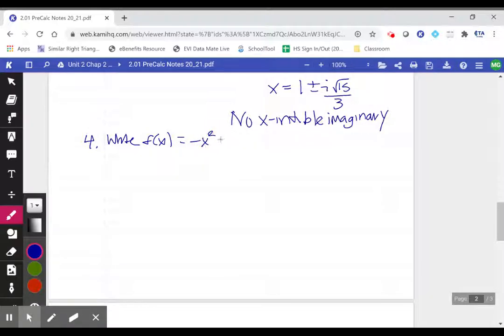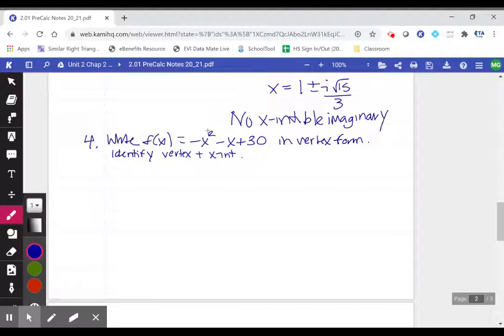Negative x squared minus x plus 30. I want you to put it in vertex form and then find the vertex and the x-intercepts. Vertex and x-intercepts.